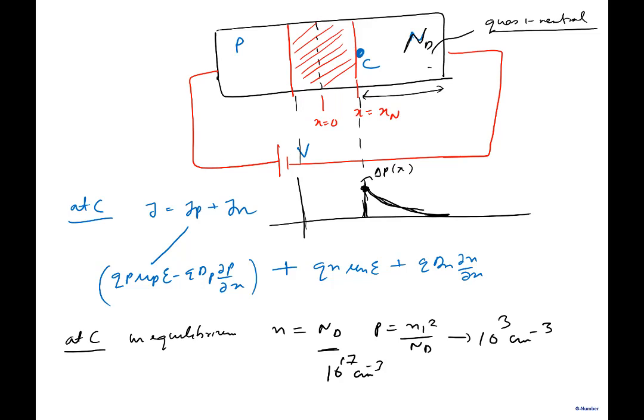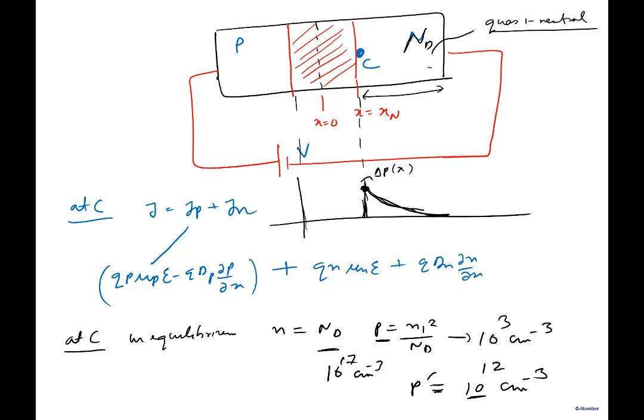Now you apply a voltage. Of course, P goes from P to something like P dash, you increase it. How much you increase, we don't know exactly at this stage, but you may increase it to 10 to the power 12, as an example, from 10 to the power 3 to 10 to the power 12, because you are lowering the barrier and injecting more holes.